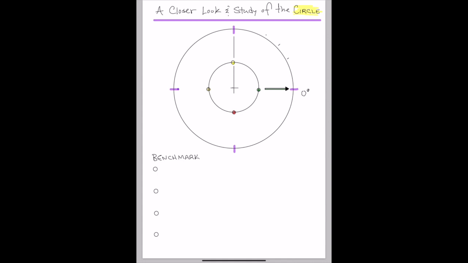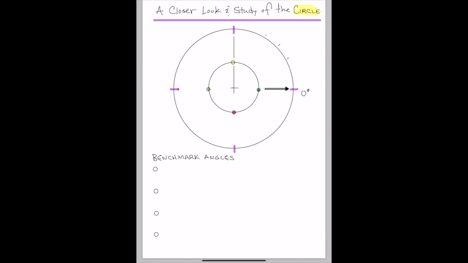When we're looking at these benchmark angles, we want to know how to connect and relate them to something visual. The first benchmark angle that I want to point out is, of course, we start at 0 degrees, but then we end up at 30 degrees.